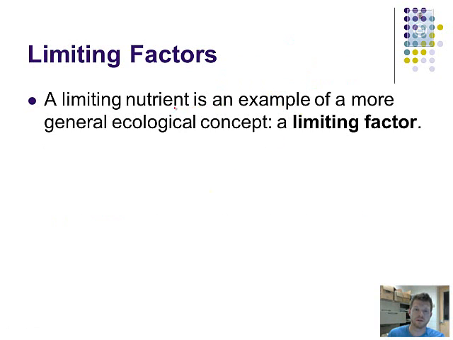And if it's a particular nutrient that is needed, this is another thing that we can refer to as a limiting factor. A limiting factor is anything that's going to prevent a population from continually growing. So limiting nutrients are one example of a limiting factor.